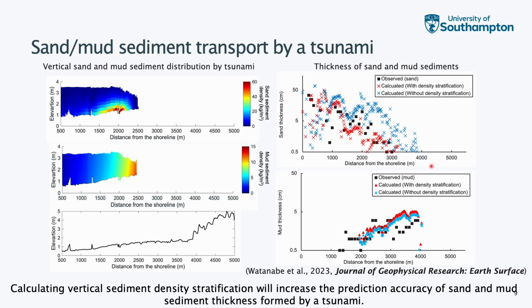In the case of mud sediments, even if density stratification was calculated or not calculated, the simulation results were almost the same, and simulated onshore thickness of mud deposit was consistent with observation results. Therefore, when you calculate sand sediment transport by a tsunami, the calculation of particle density stratification is very important.